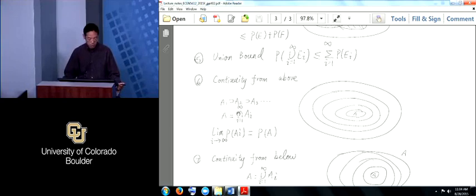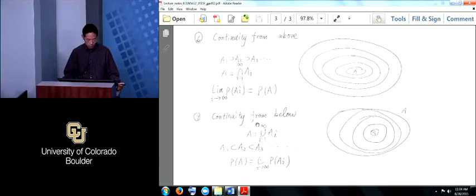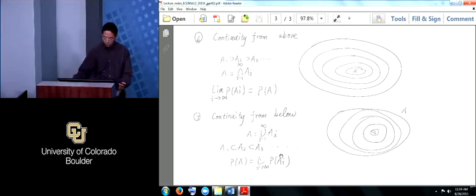So A is the intersection of all sets. This is not a distance measure, but it's a limiting intersection. Okay. So similar thing, we have a continuity from below. And we will continue today.